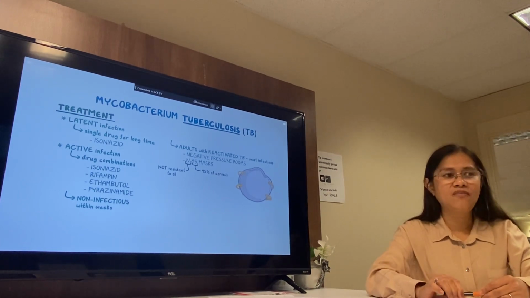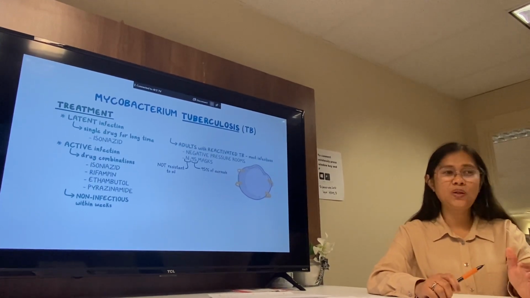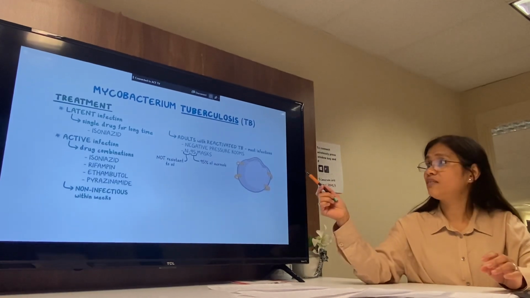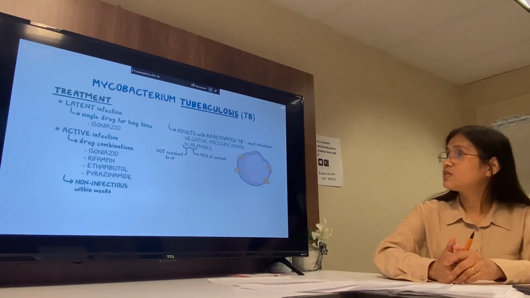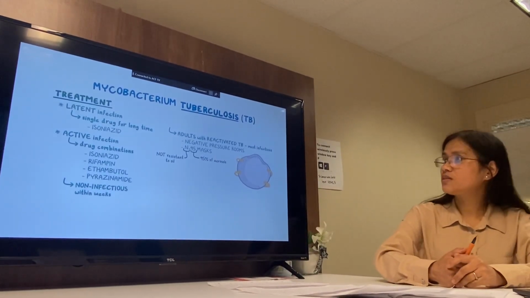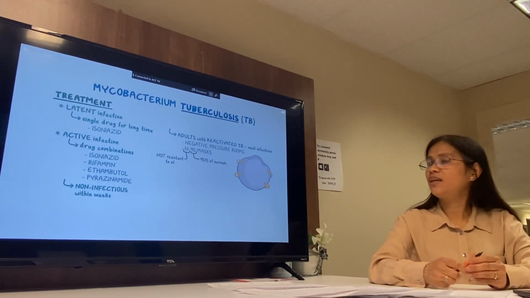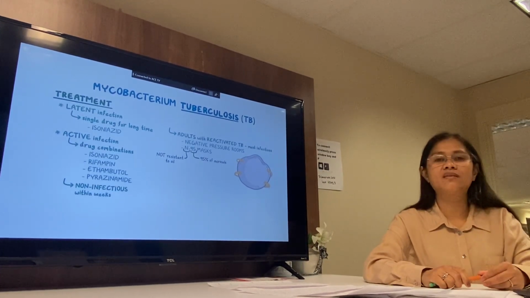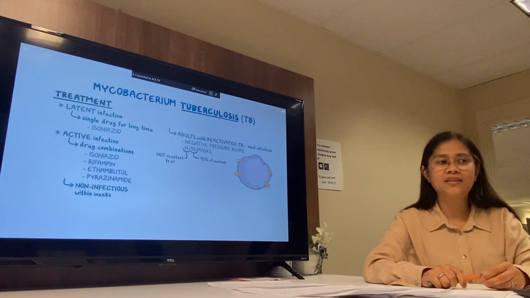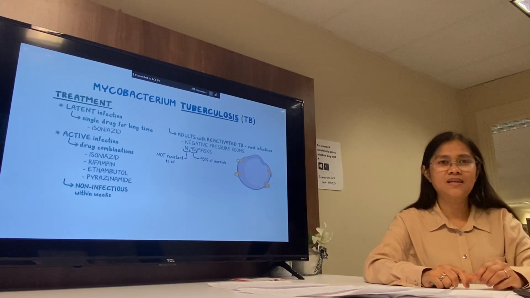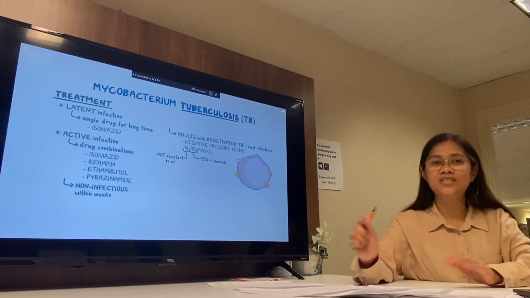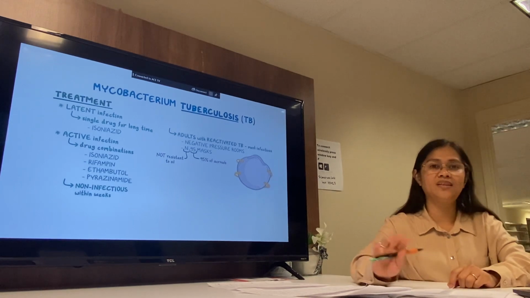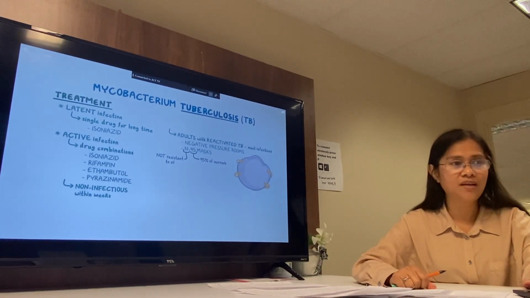If an adult has reactivated TB, they are the most infectious and need to be in a negative pressure room, and visitors and the staff at the hospital need to wear N95 masks.